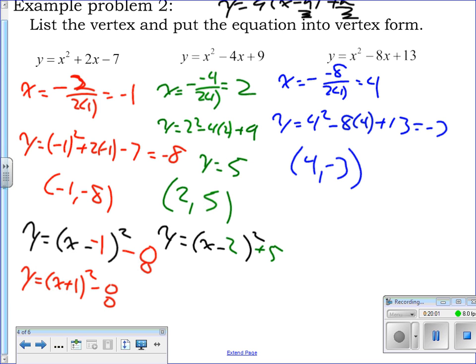If not, it's not that big a deal. So my vertex is 4, negative 3. Once again, this part never changes. You just fill in the blanks: 4 and minus 3. Questions?